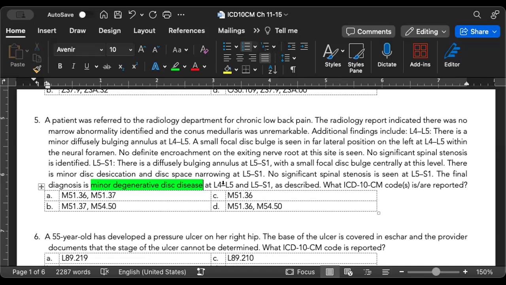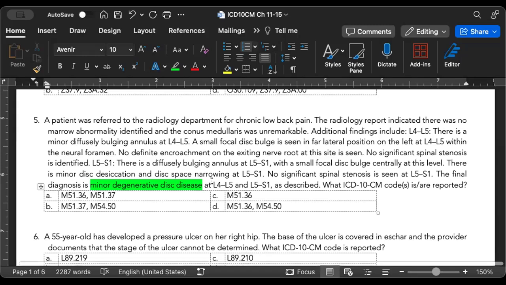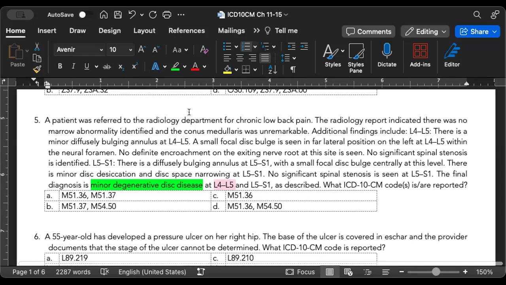Is there any indication within our scenario that we have either myelopathy or neuritis, radiculitis, radiculopathy, or sciatica? Okay. So there's not. So we're going to use M51.36.